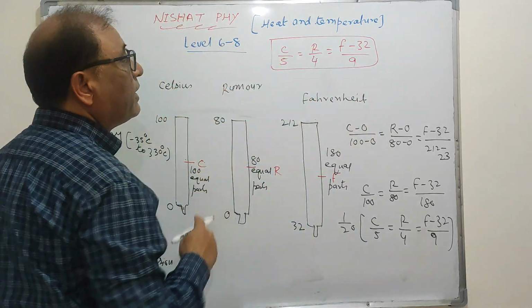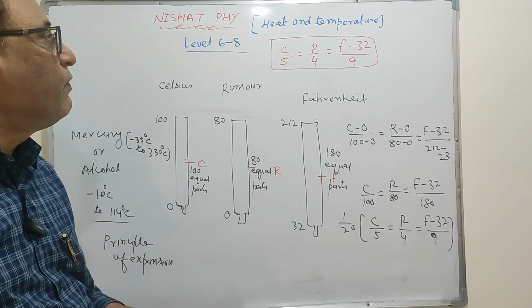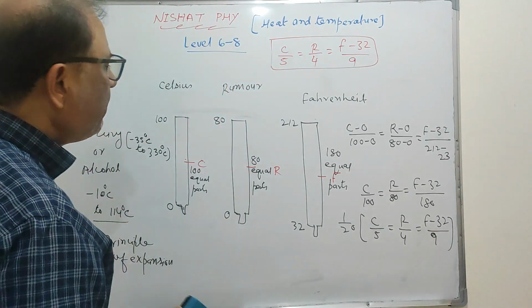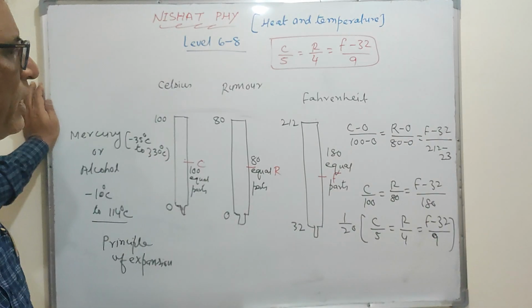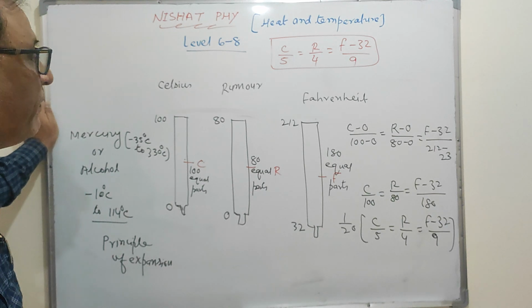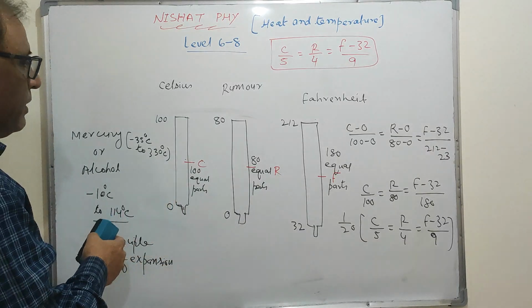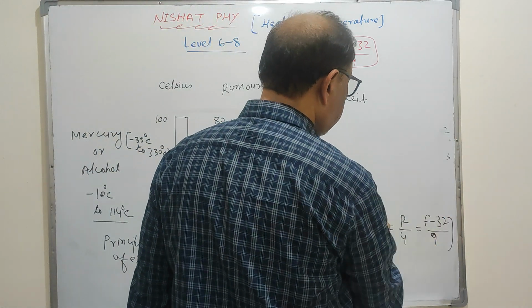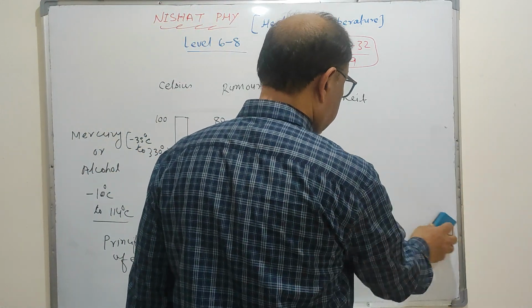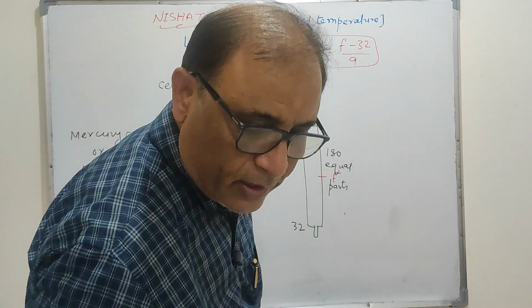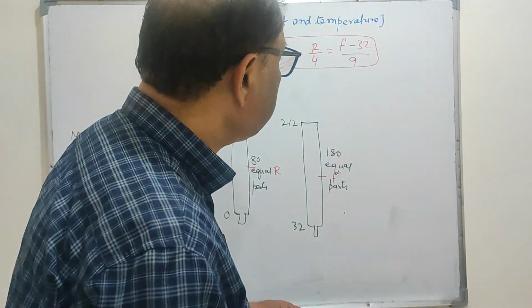So hope things are clear. Then how can we convert one from another? I am making you learn to convert one system to another by giving a unique example. Suppose that here is a very nice question, you will like it.